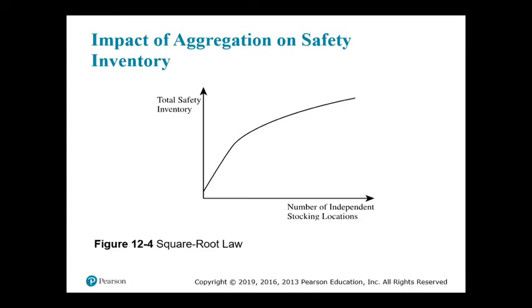Now, okay, so the question is, do we always want to aggregate as many locations as possible? No. Why not? Holding cost would decrease, but we just showed holding costs would decrease.